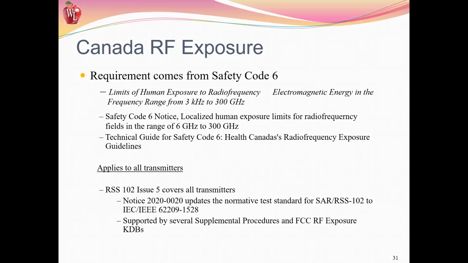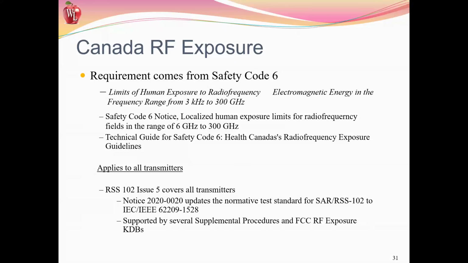In Canada, if you wanted to send your device to Canada, all those requirements come out of their Safety Code 6. Safety Code 6 with notices, local exposure limits for radio frequency fields in the 6 gigahertz to 300 gigahertz range. There's a notice on that.